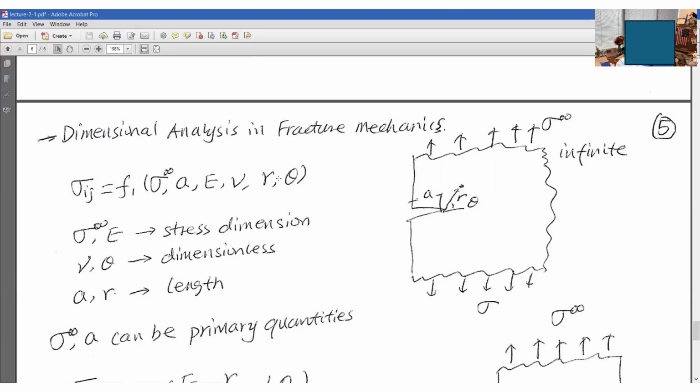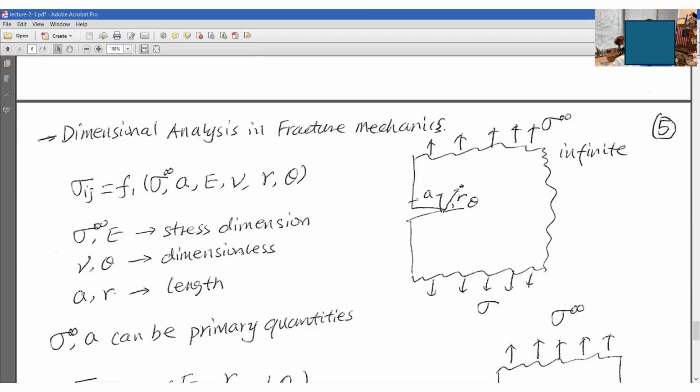The theta, what's theta? Theta has no dimension, so theta is dimensionless. Also, the Poisson's ratio is dimensionless. So then we have stress dimensions, and we have length, right?